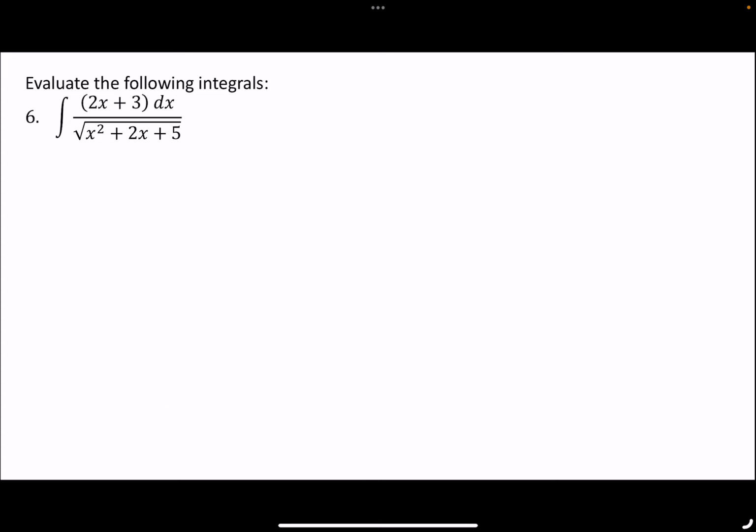Now let's have our next example. For this case, we have x squared plus 2x plus 5. We are going to add 1 so that it would be a perfect square, x plus 1 squared.